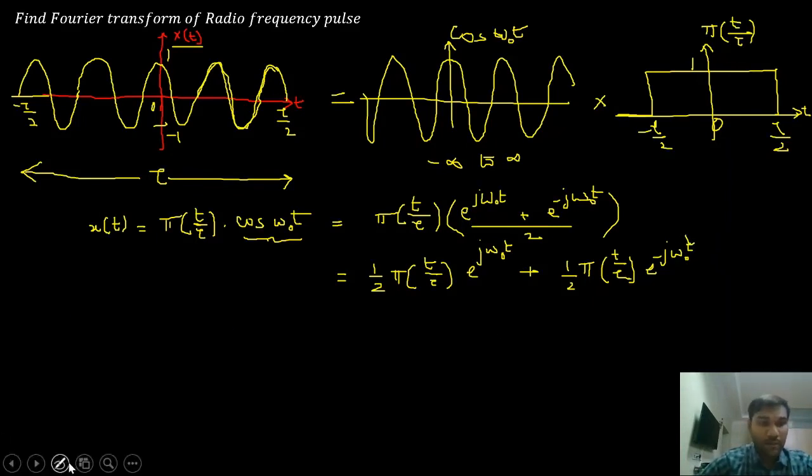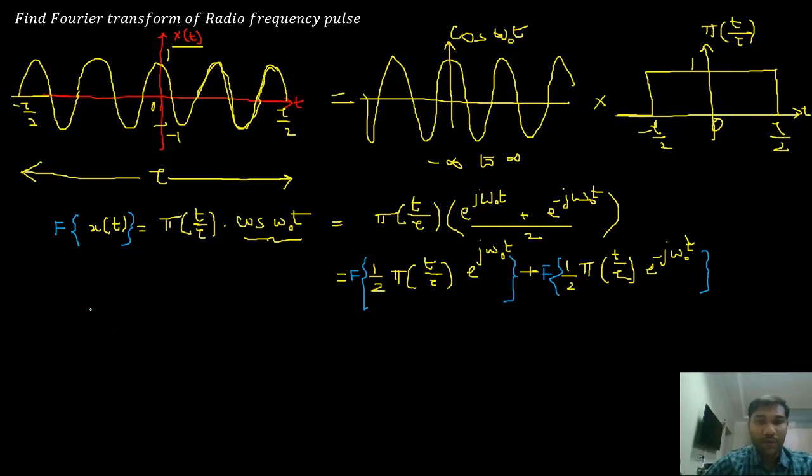Now let me look at the Fourier transform. If I take the Fourier transform on the left side, I can take the Fourier transform on the right side also, right? Fourier transform of this plus Fourier transform of the second term.